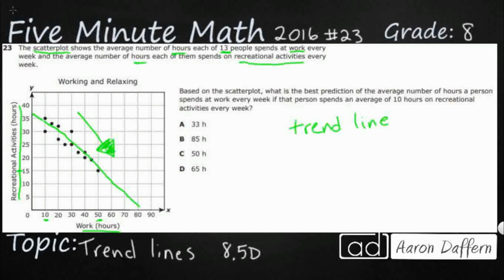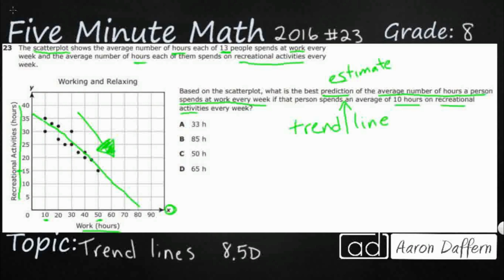So based on the scatter plot, what is the best prediction? We're going to use this trend line to make a prediction. Prediction means it can be an estimate; it doesn't have to be 100% perfect. We're looking for the average number of hours a person spends at work every week, so we're looking for the x here, if that person spends an average of 10 hours on recreational activities.